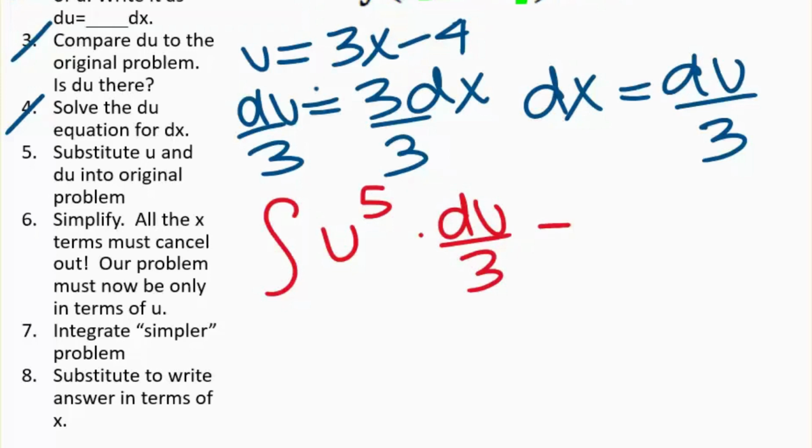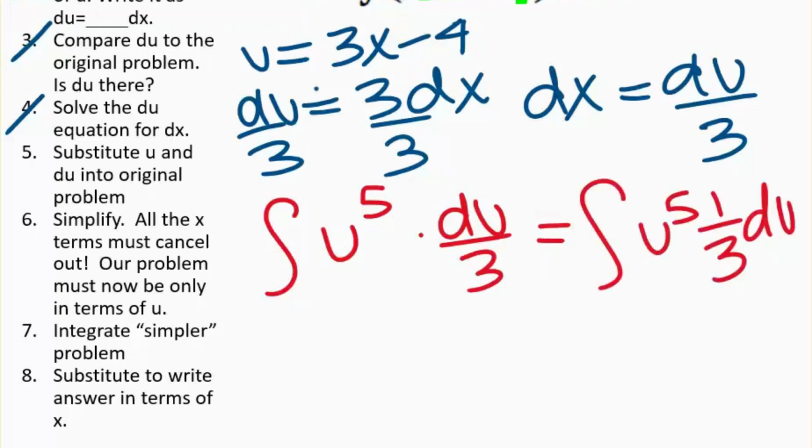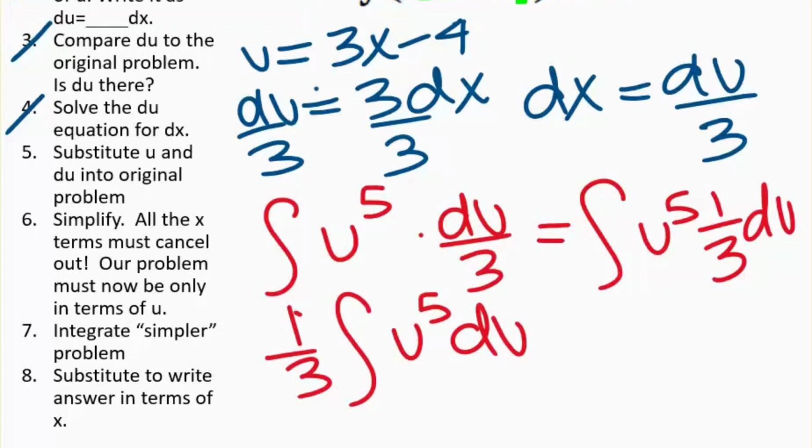I could rewrite that as u to the 5th times 1/3 du. The reason I did that is it might make more sense to pull that constant, that coefficient, out in front. So now I have the 1/3 times the integral of u to the 5th du.